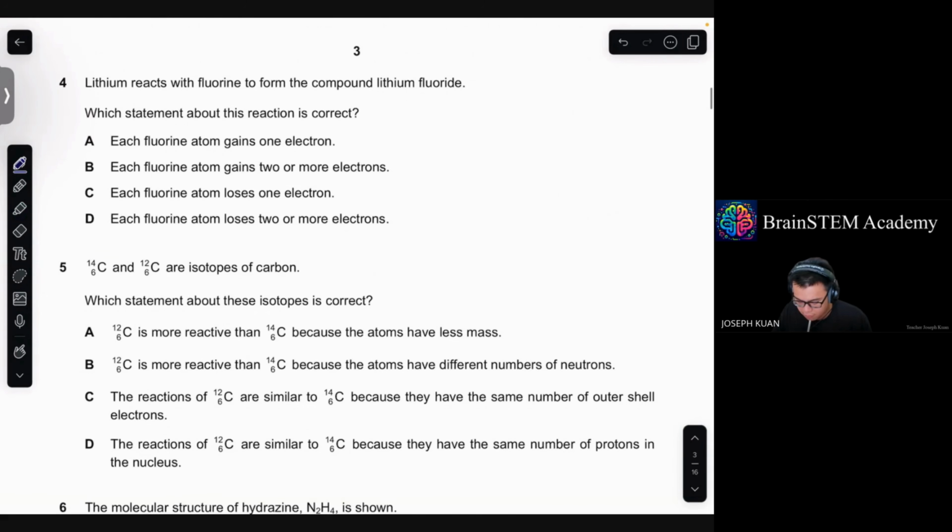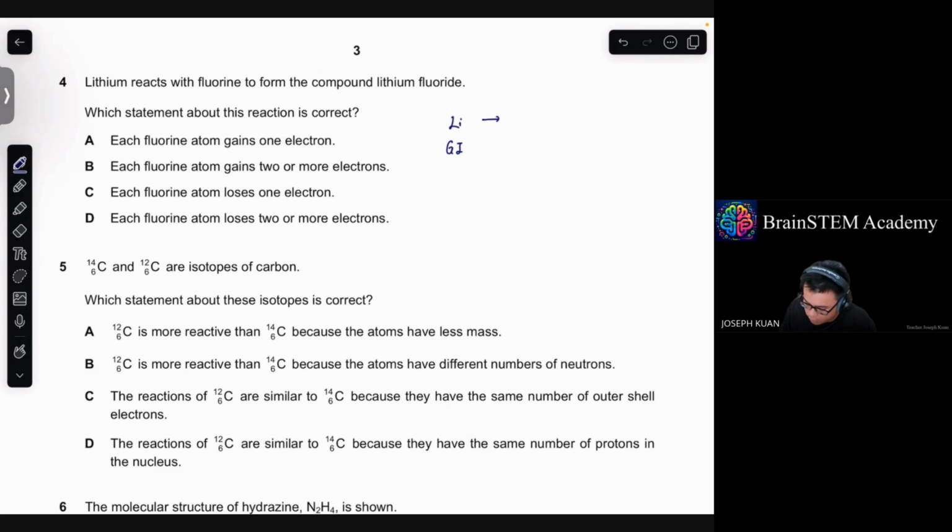All right, moving on to number 4. Lithium reacts with fluorine to form the compound lithium fluoride. Which statement about this reaction is correct? So lithium is a group 1 element, which means that it will donate electrons and form a +1 charge.